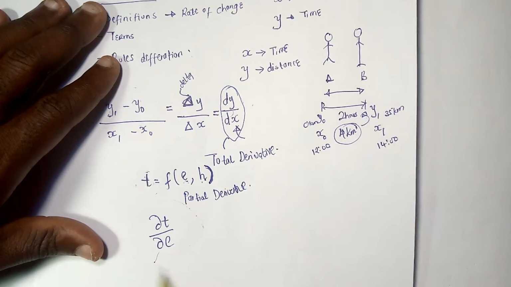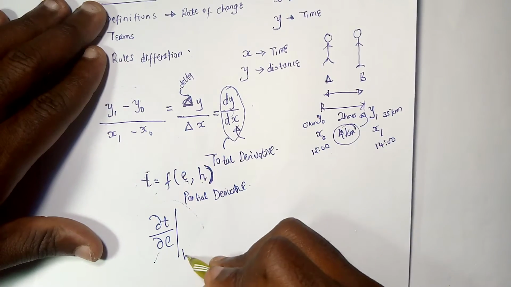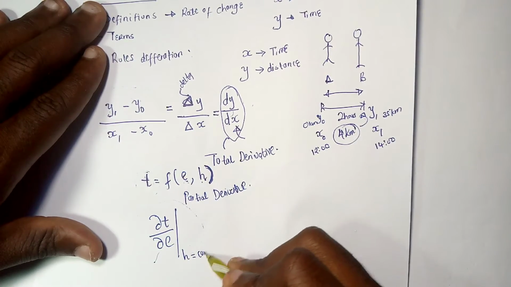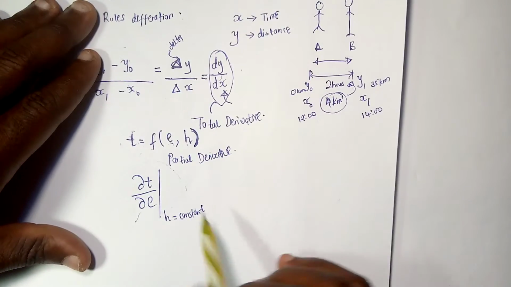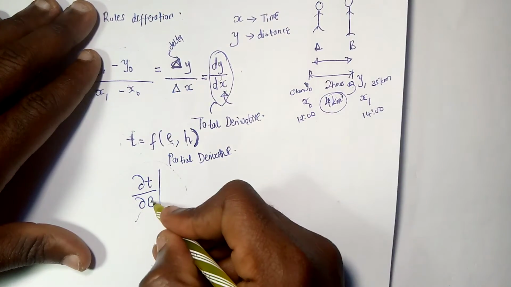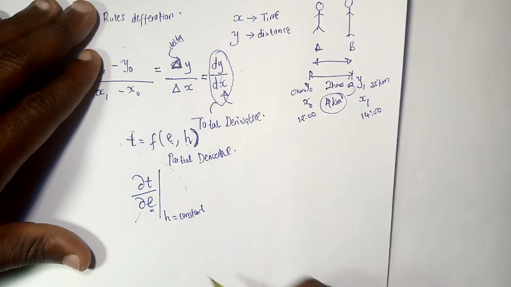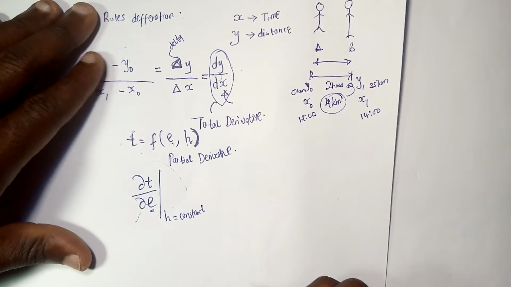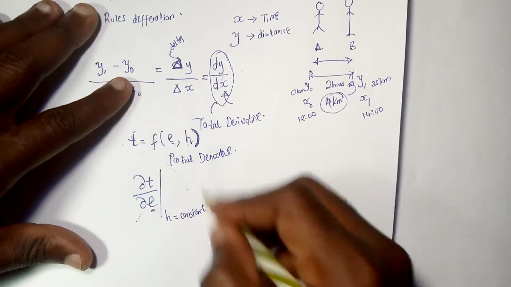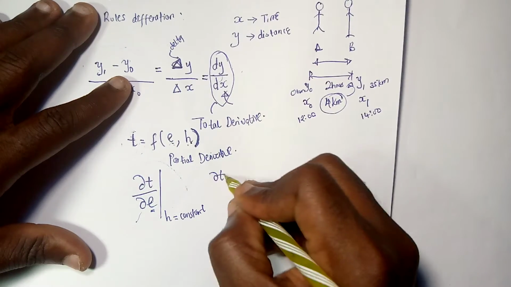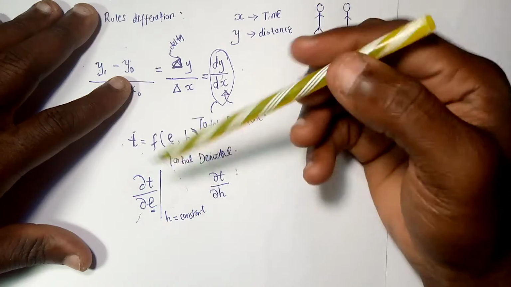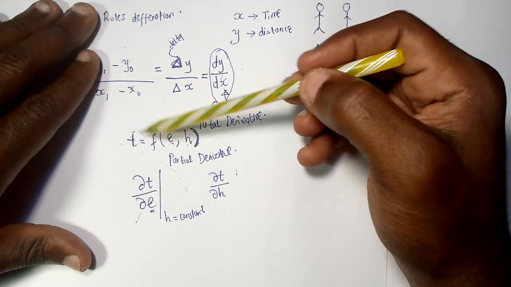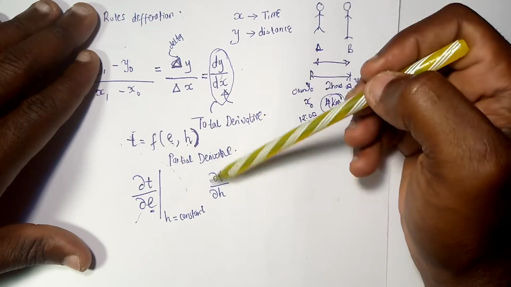So this means that you are holding what? You're holding H constant, the humidity. So we are only going to investigate the rate with respect to the environment. All right. Same thing. If you are given ∂T over ∂H, this one then means that you are checking the temperature with respect to humidity.